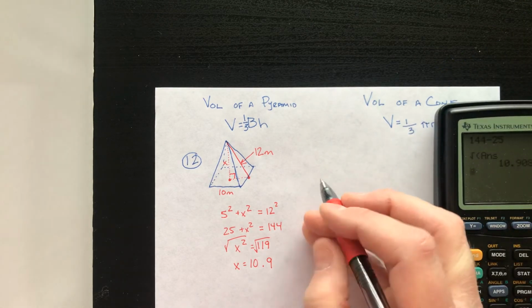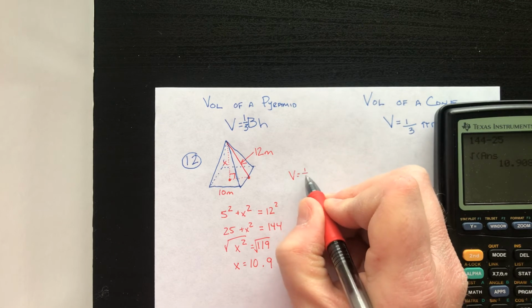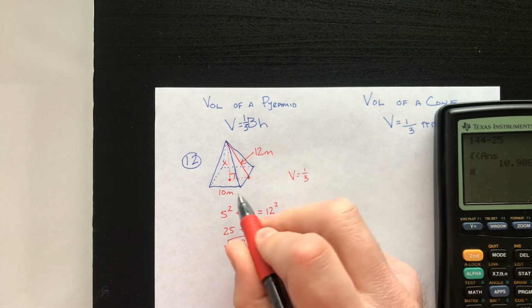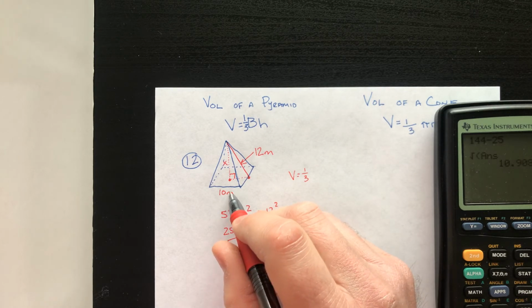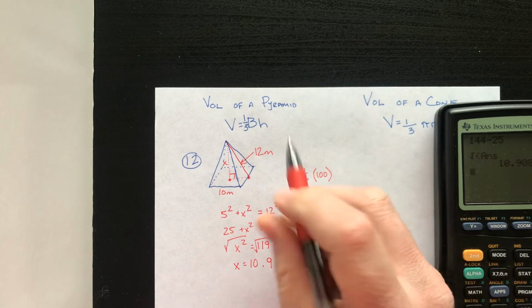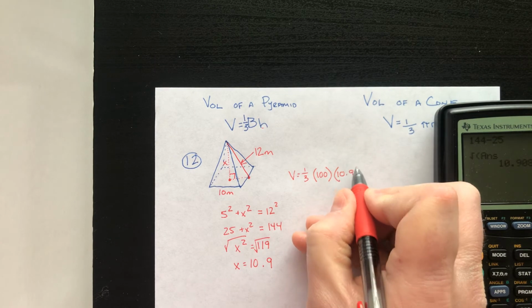So I'm going to come over here, and the volume is equal to 1/3 the area of the base. The area of the base, because this is a square pyramid, is 10 times 10, which is 100. And the height is 10.9.